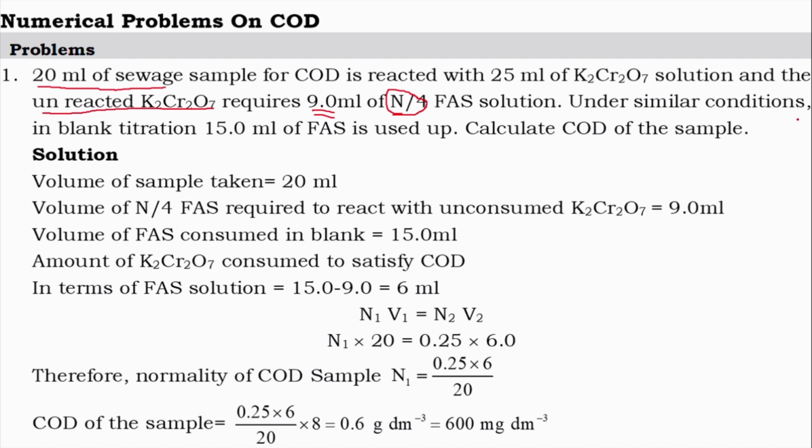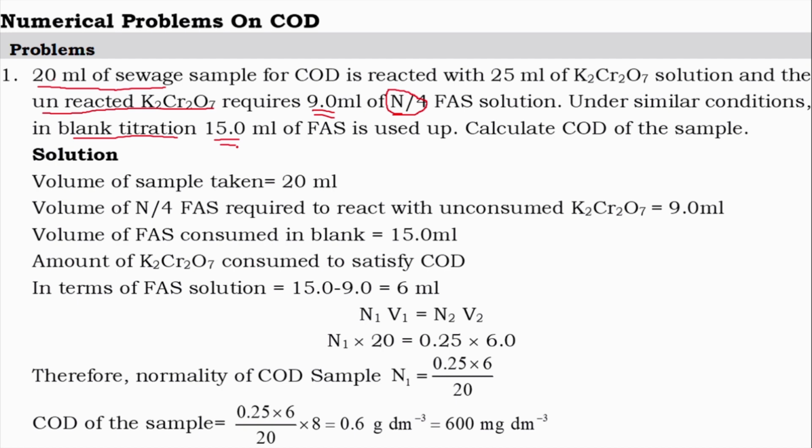Under similar condition, a blank titration, meaning no wastewater sample, rest everything is taken as such. That time, the titer value is noticed to be 15 ml. This is the data given.